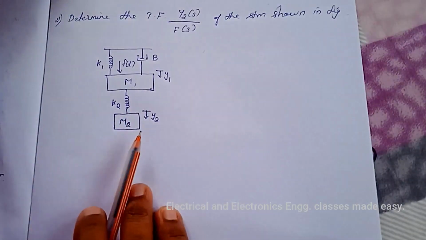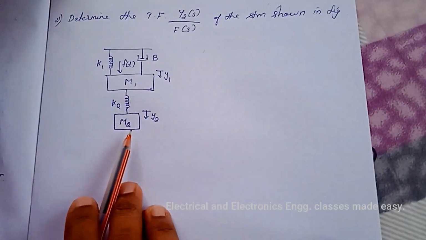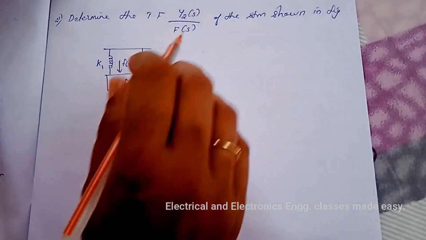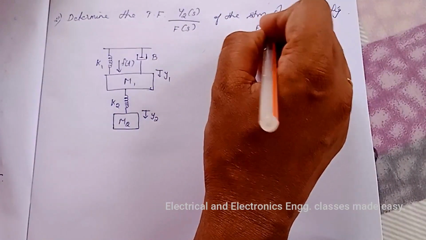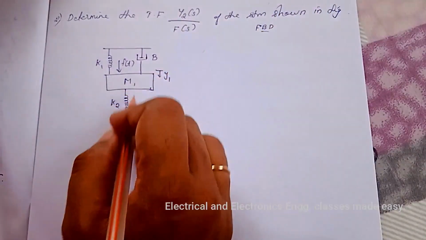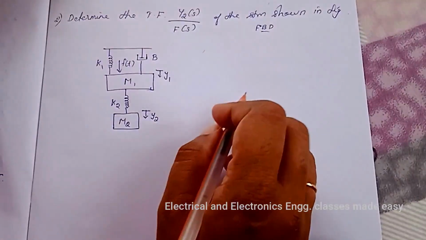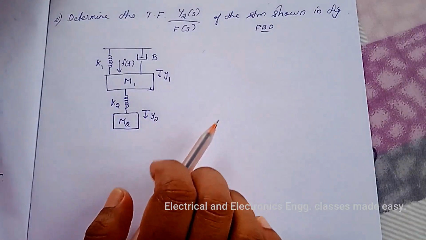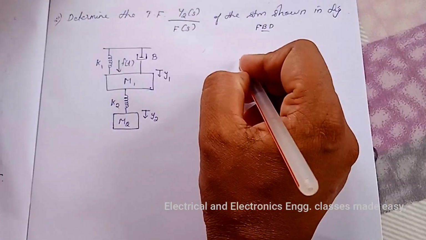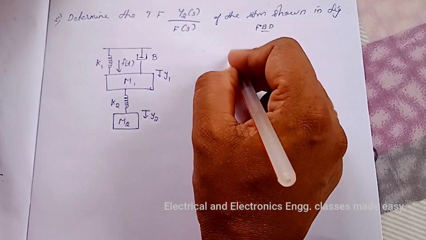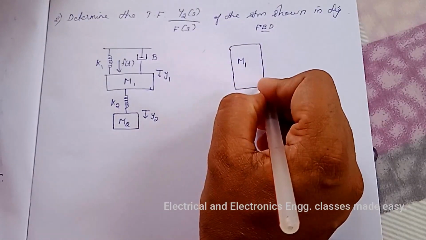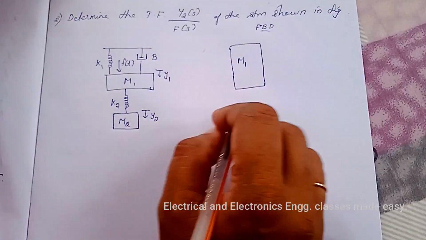So here there are two nodes, M1 and M2. So we have to draw the free body diagram first. So there are two masses, so there will be two free body diagrams. One is for M1 and also M2.